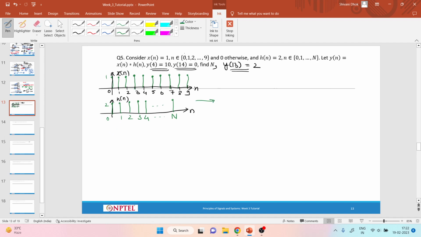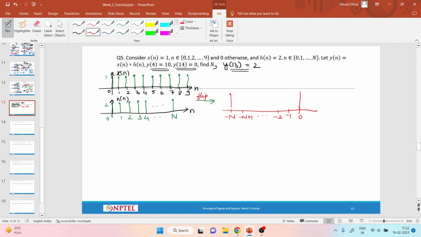For that, let us sketch this h of minus k. If I sketch h of minus k, I am flipping it. This will be at minus n, this will be minus n plus 1, and so on, minus 2, minus 1, 0.